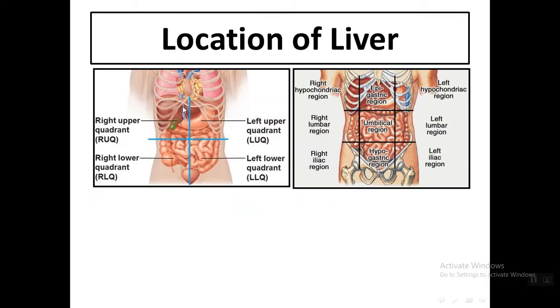The liver is situated mainly in the right upper quadrant, more precisely in the right hypochondrium and the epigastric region.